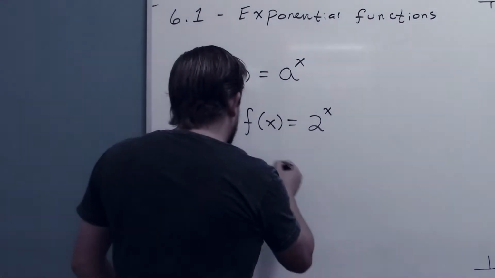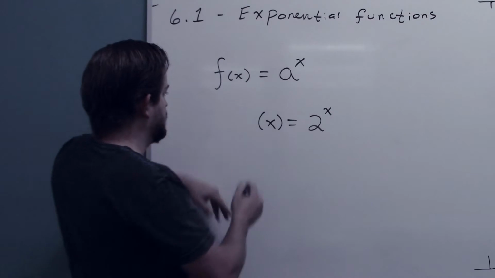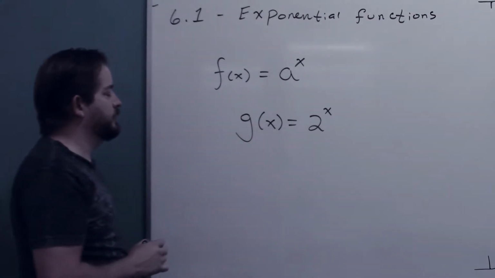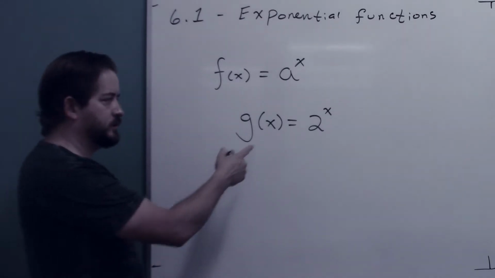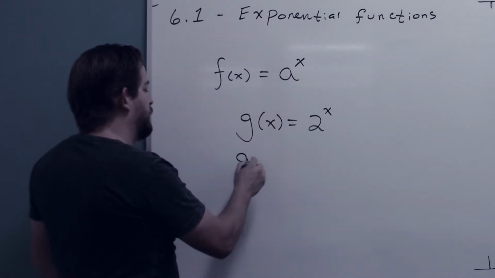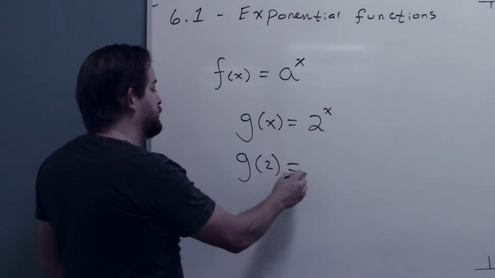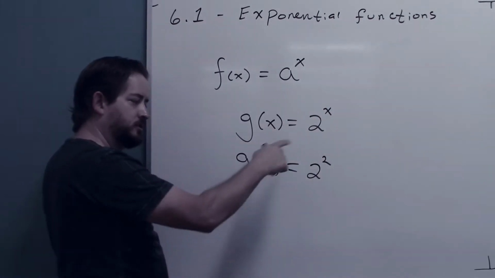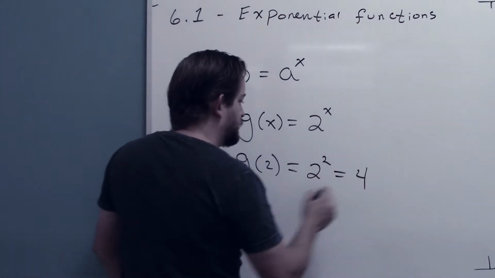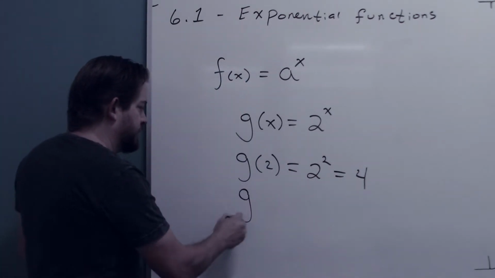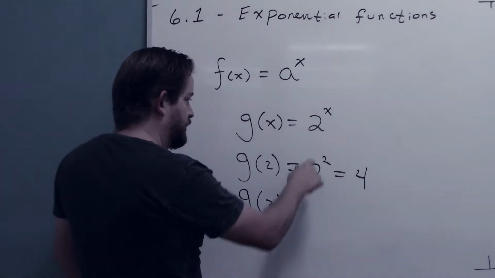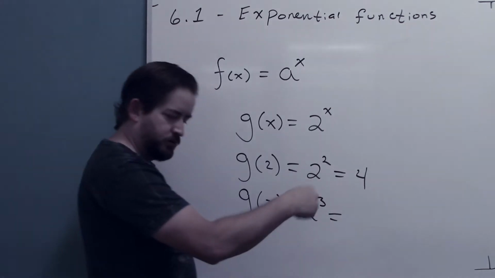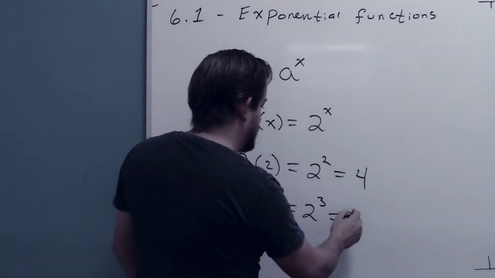So for example, if I had, let's call this g of x, just to differentiate it from my generic term up here. But if I say g of x equals 2 raised to the x, and I want to evaluate g of 2, that would be putting a 2 in for the x. So that's 2 squared, and that is 4, of course. So g of, say, 3 would be now 2 raised to the 3rd power, and that is 2 times 2 times 2, and that is 8.